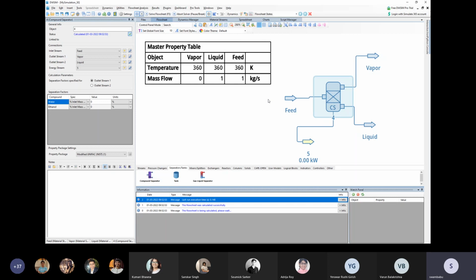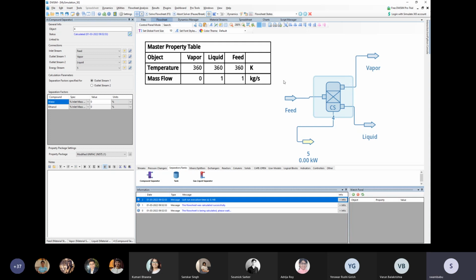I expected a better prediction, because when I put the temperature higher than the bubble point, the vapor is showing 0 and liquid is showing 1. I don't understand why the software is behaving this way. Probably I will figure it out and let you know in the next class, and I will find the right procedure.